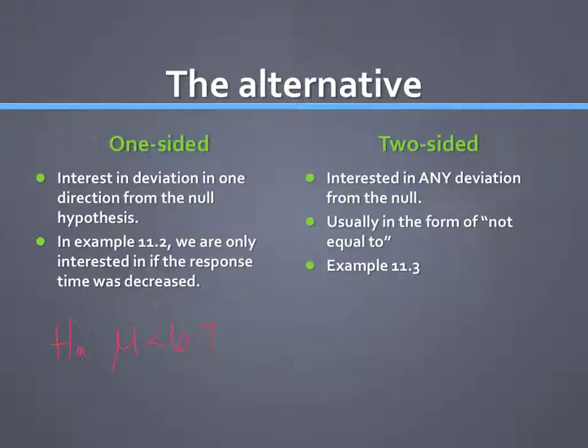This is where we're interested in any deviation from the null, but we might not have a suspicion as to whether the data are going to support a less than or a greater than. So in this case, we're going to look at an alternative hypothesis where the mean is not equal to something. And to use the value from example 11.3, they have 0 in terms of a test score. So if you haven't read that example, again, pause the video and do so.